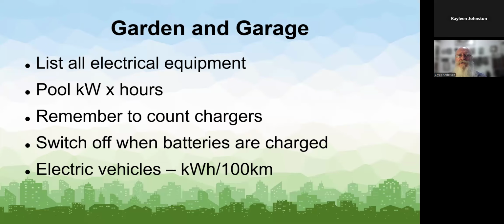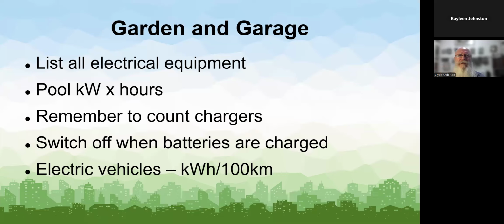It's only things that you use regularly that seem to make a big difference. But list your kilowatts. If you have a pool, a pump motor will have a kilowatt rating on it. It'll be running for a certain number of hours, and that can add up quite quickly because pumps do run intermittently to keep the filtration working.